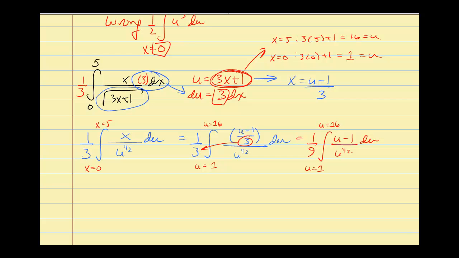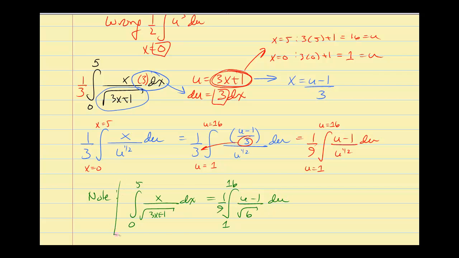Now, this is the note that I wanted to make here real quick. What this problem is saying is the integral from 0 to 5 of x over the square root of 3x plus 1 dx is identically equal to the integral from 1 to 16, because remember these are in terms of u now, 1/9 integral of u minus 1 over u to the 1/2, which is square root of u, du.